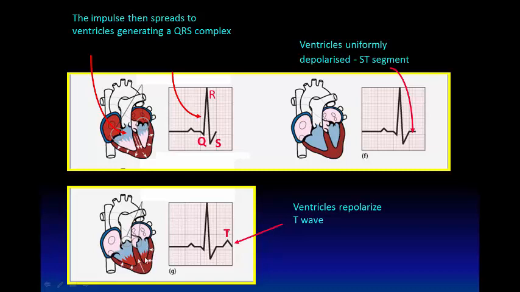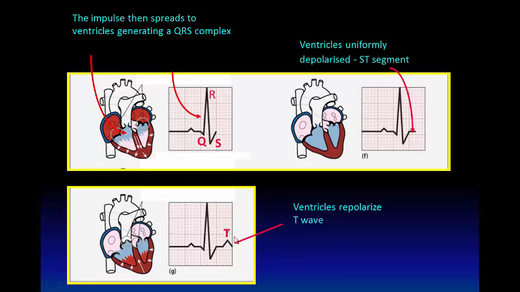So again, since the left ventricle is 2 to 3 times thicker than the right ventricle, the repolarization current of the left ventricle will dominate, and this is moving away from the active electrode because the active electrode is placed here at VL. So ventricular repolarization then gives a positive deflection or a positive wave named as T wave. So T wave is due to ventricular repolarization.